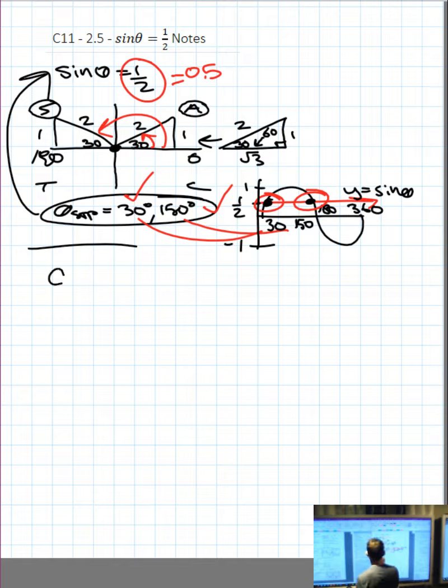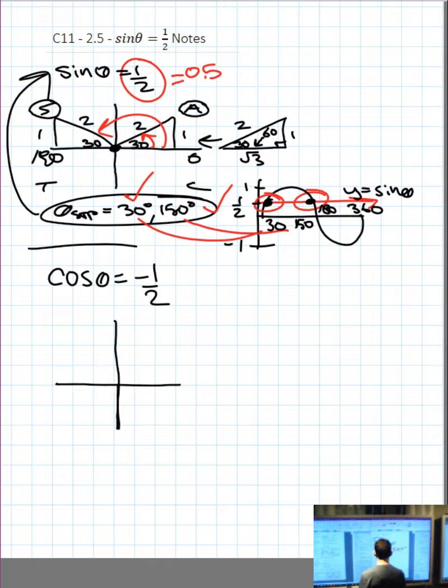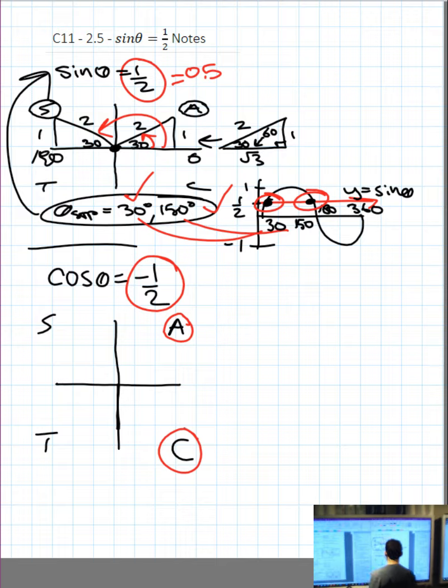So cos theta equals -1/√2. Well, let's start with our ASTC graph. So 3 vertical lines, 3 horizontal lines. ASTC. Well, cosine is negative, and it's positive where they're all positive and where only cos is positive, so not there.